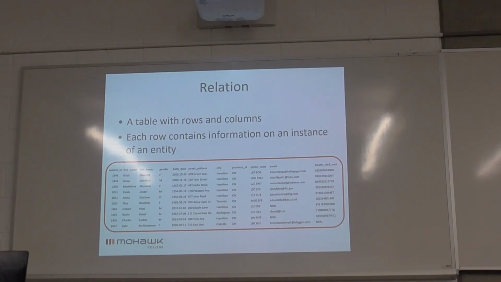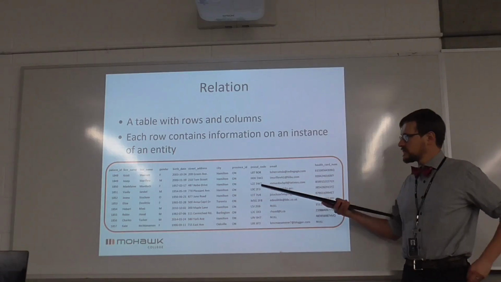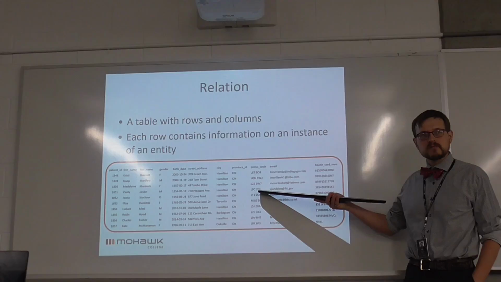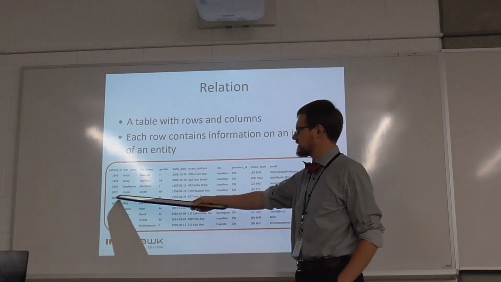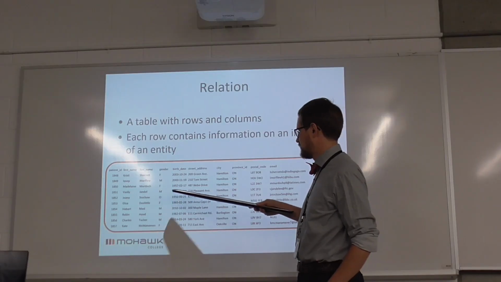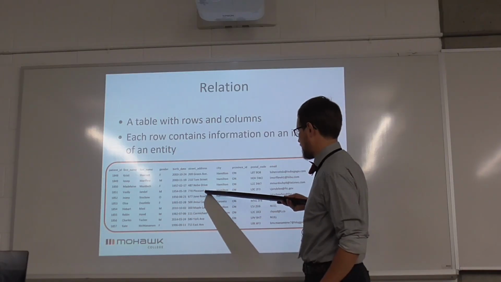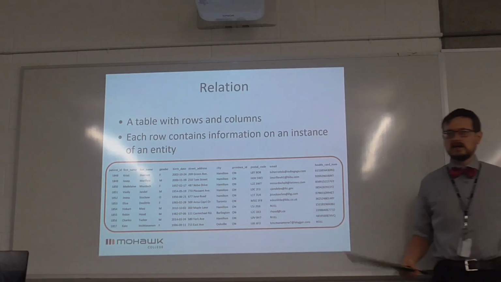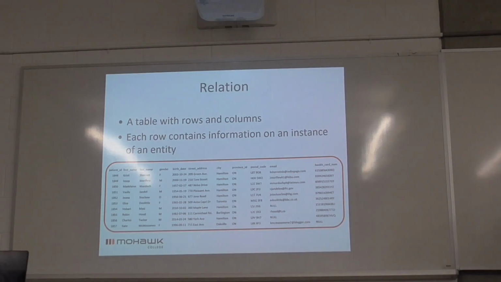Each row contains information on an instance of an entity. So, records are instances, right? This is an instance of an entity. Vasily Jandel, male, at 770 Pleasant Avenue in Hamilton, Ontario. That is a particular instance of the entity represented by this table.